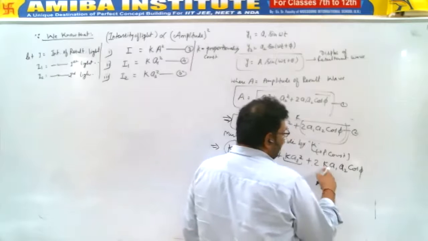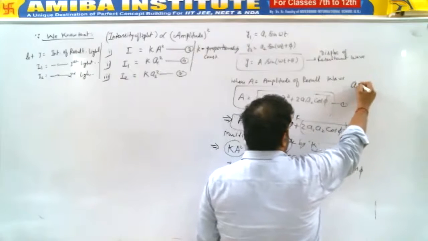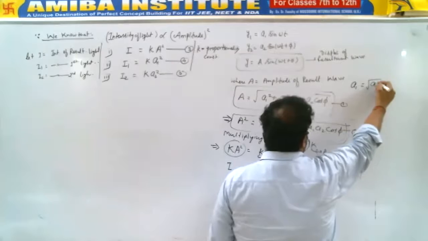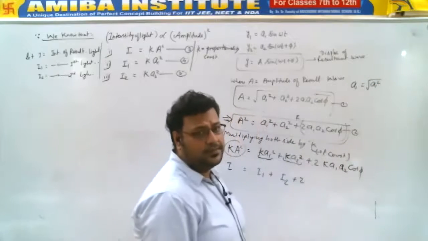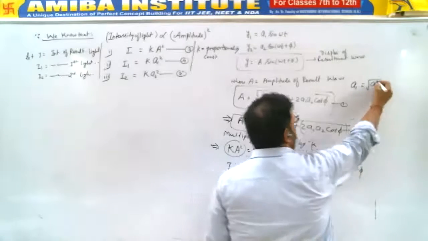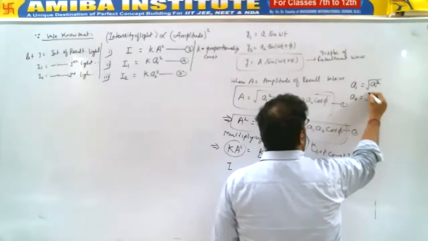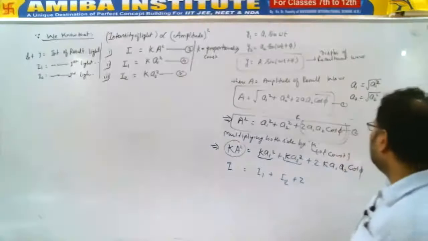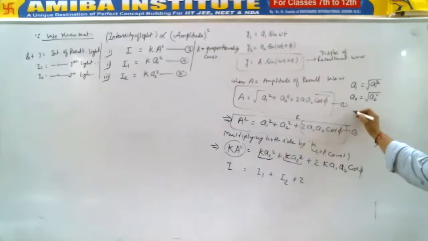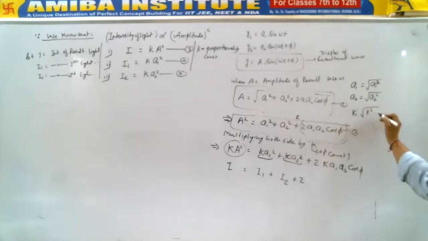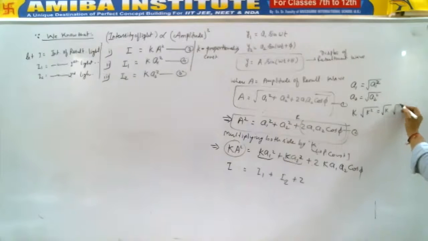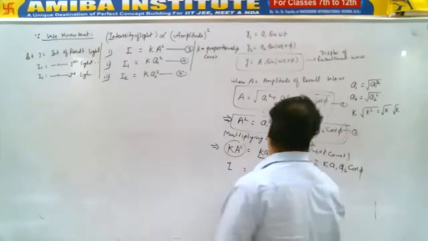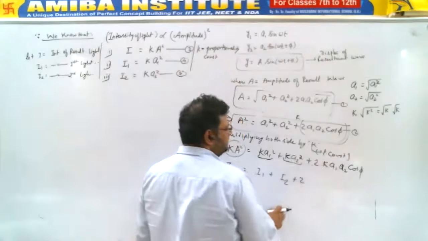Can I write A1 as under root A1 square? Yes, this is not a big deal. Can I write A2 as under root A2 square? Yes. Can I write K as under root K square? Yes. And under root K square can be written as under root K into under root K. Yes, not a big deal. All right, I'm doing it that way.